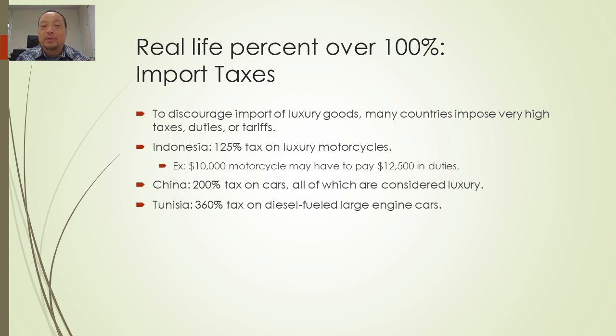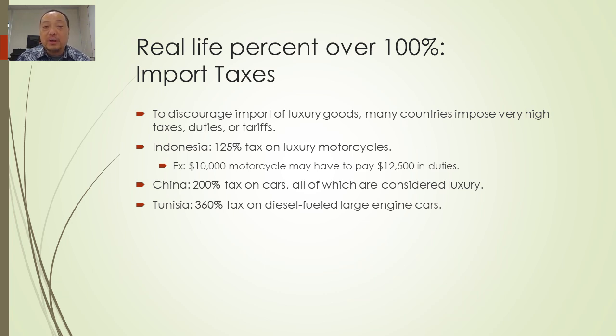In Indonesia, if you import a luxury motorcycle, they may tax you up to 125% of the value of the motorcycle. If the motorcycle costs $10,000, you may have to pay up to $12,500 in duties, plus the cost of the motorcycle. So altogether, you end up paying more than $20,000 for a $10,000 motorcycle. In China, they treat all cars as luxury items, and they may tax you up to 200%.